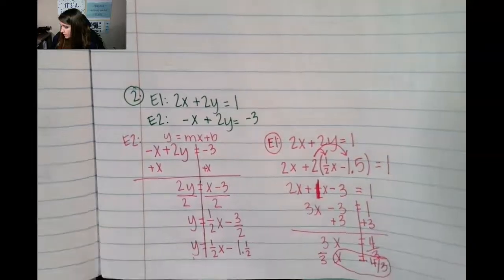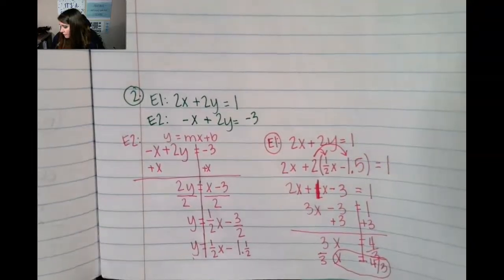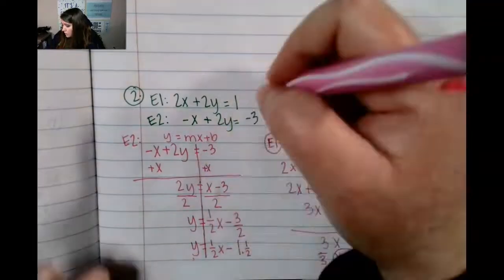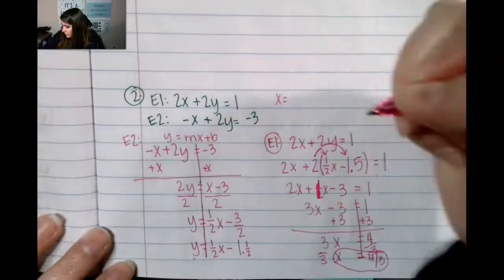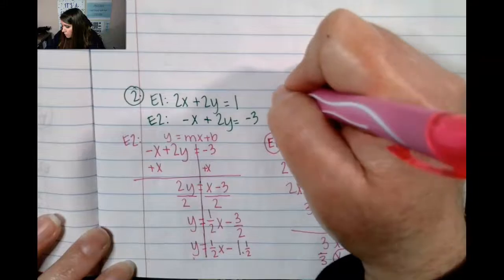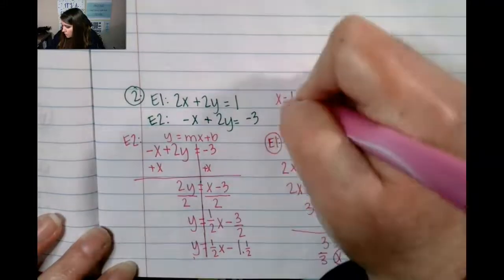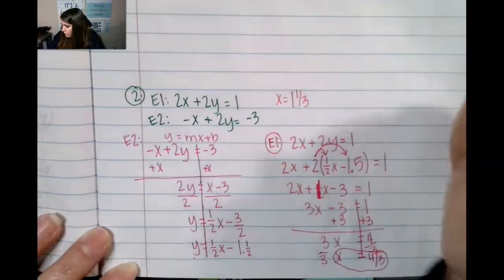All right, so now we are ready to put these numbers into our equation 2. So we know that x equals 1 and 1/3.